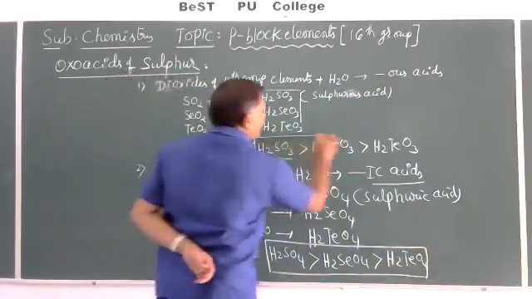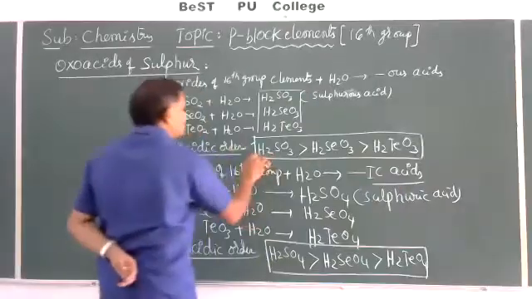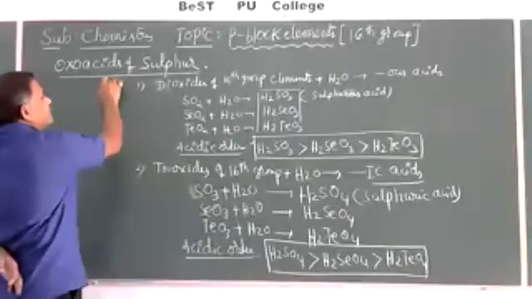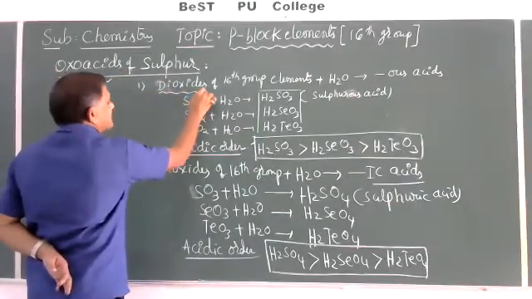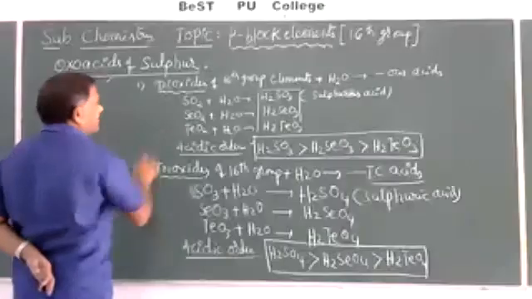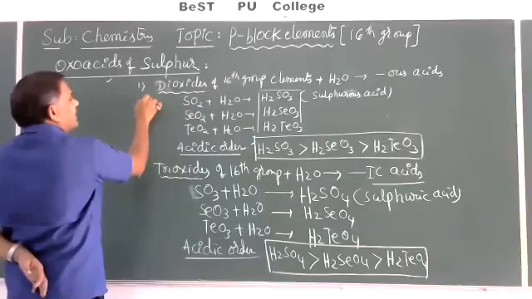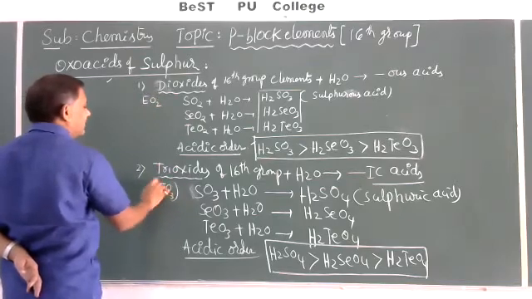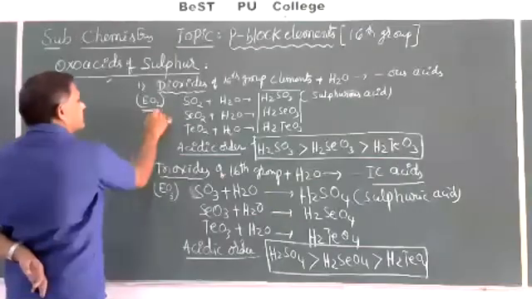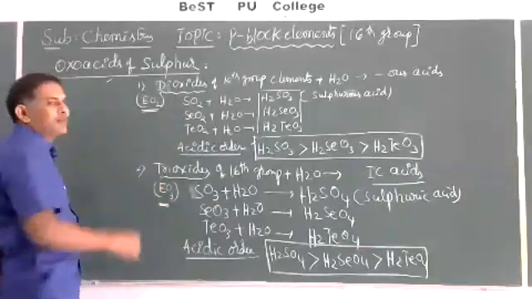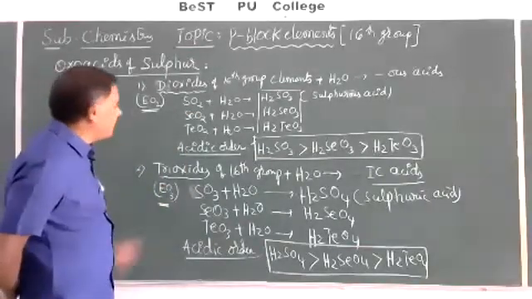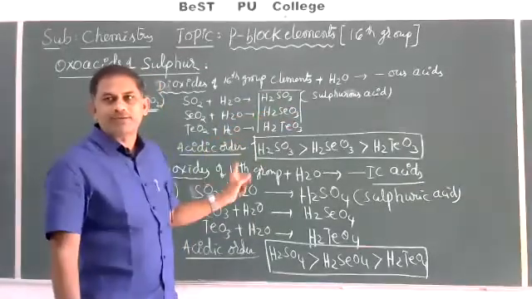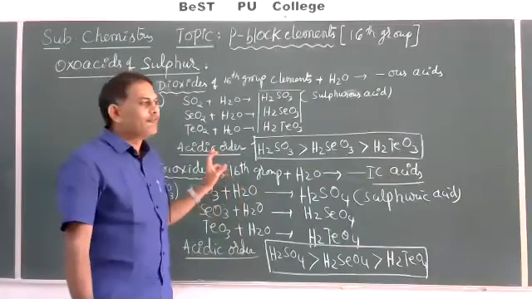So finally, in oxo acids of sulfur, dioxides EO2 type and trioxides EO3 type, when dissolved in water, give corresponding ous acids and ic acids. Corresponding sulfurous and sulfuric acids are formed here.